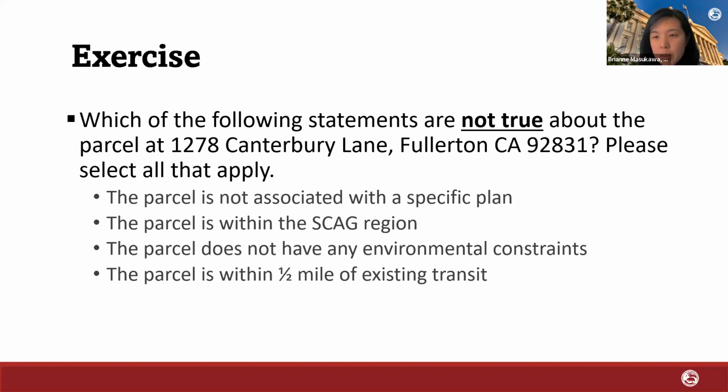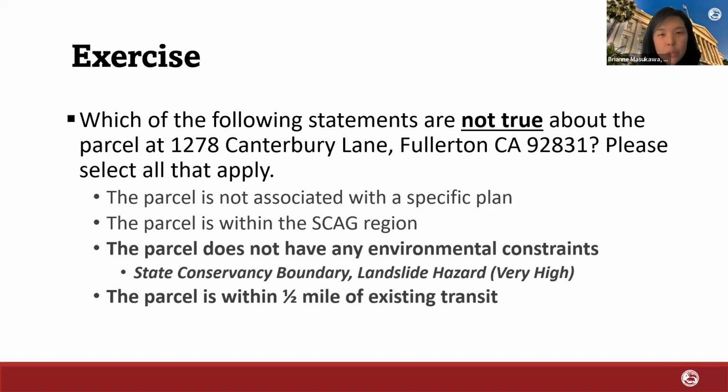So it looks like most people in this room said it was the first two options. It actually was the last two because it's focused on not true. This parcel actually does have environmental constraints.